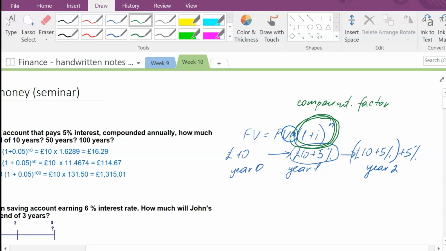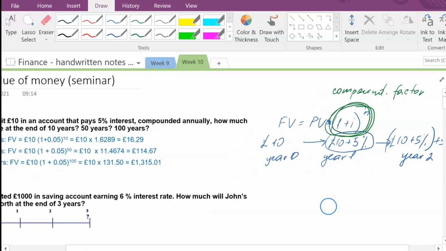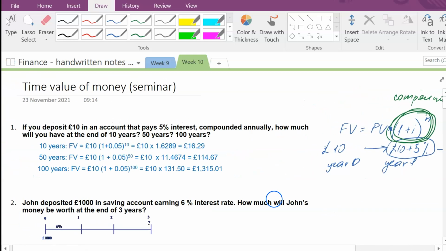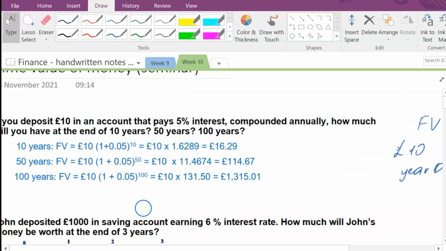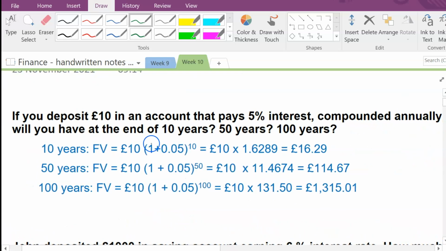So what you need to do in reality, you just take the invested capital, the present value, which you're investing now, and multiply it by this compound factor. Let's apply the formula first. So in 10 years, you will have your £10 invested. Let me just make it bigger. You apply your compound factor, 1 plus 5% return raised to power 10.